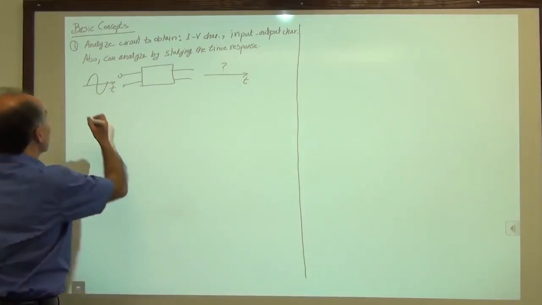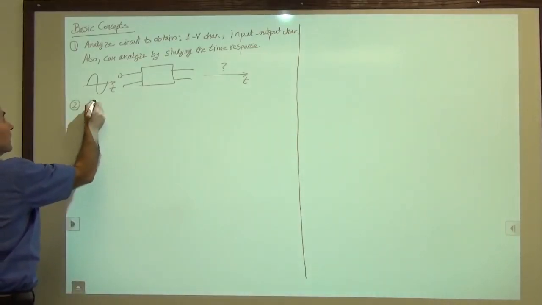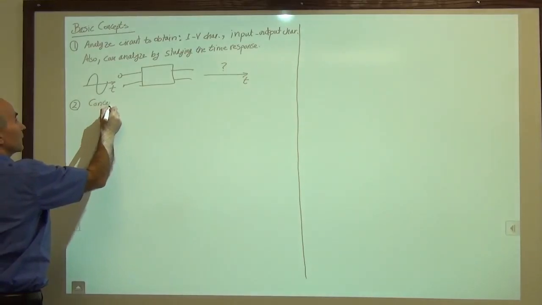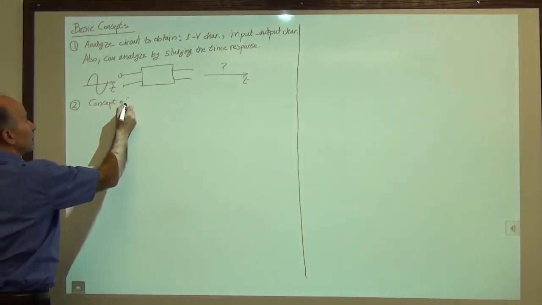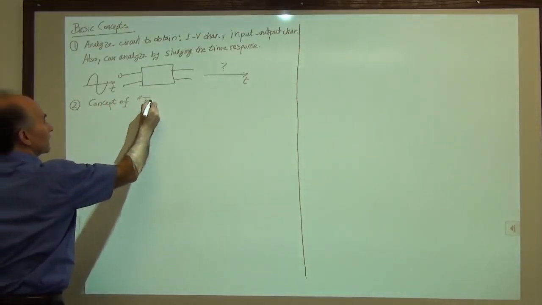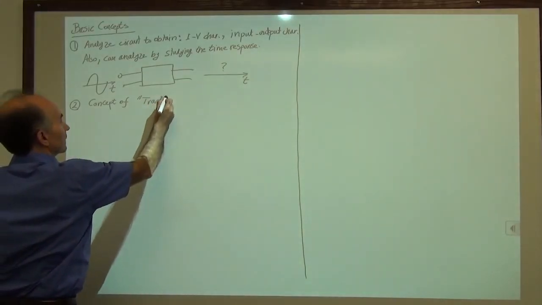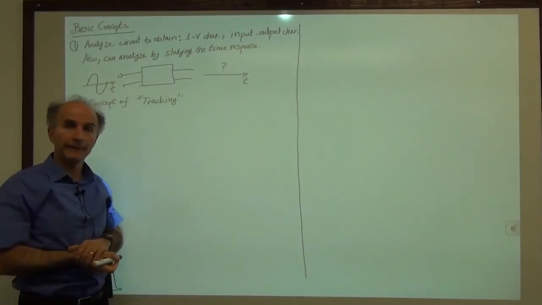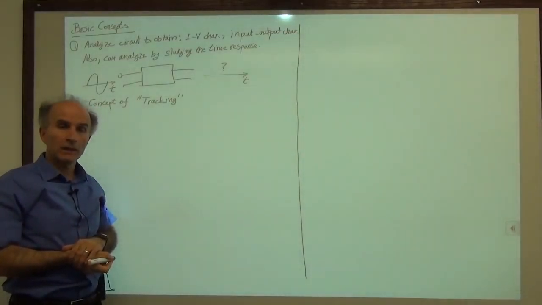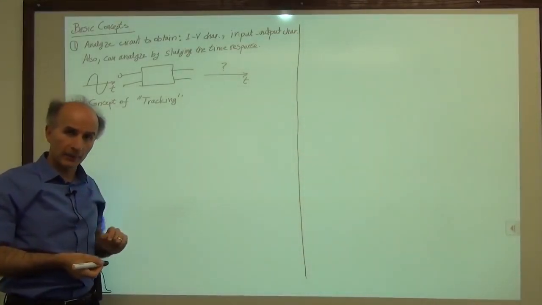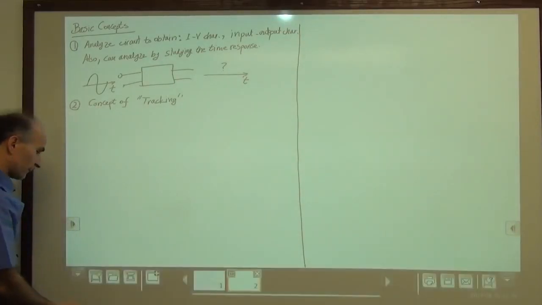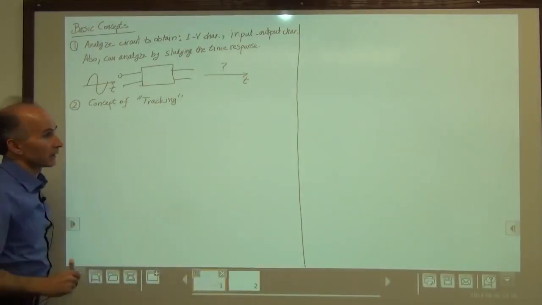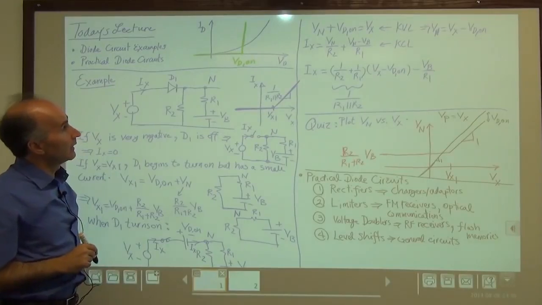All right, so that's one important point that I wanted to raise. The other point is the concept of tracking. Well, we have seen this in a few examples. So let me go back to the previous page to show you where we saw it in this example.